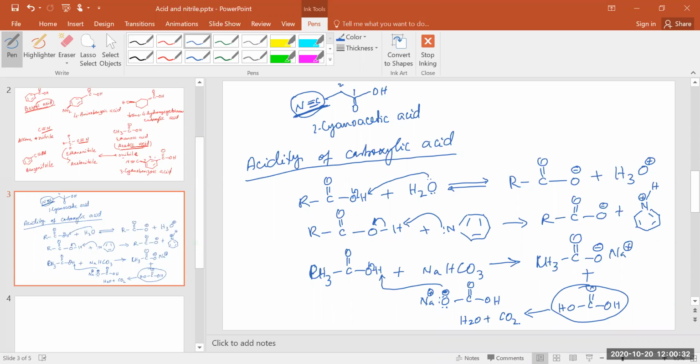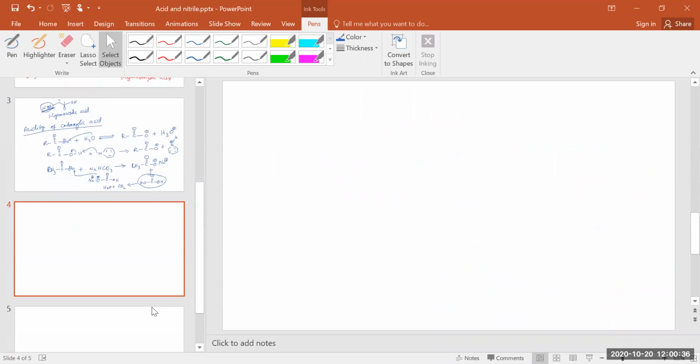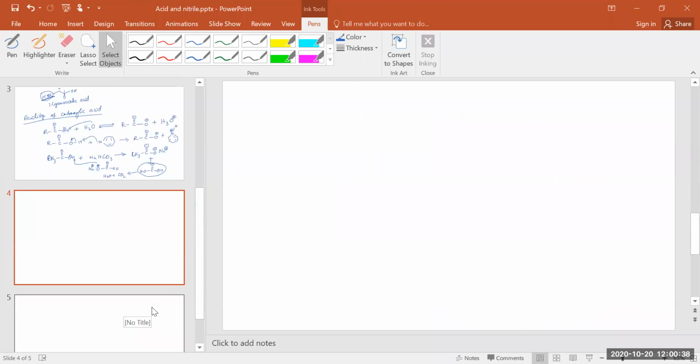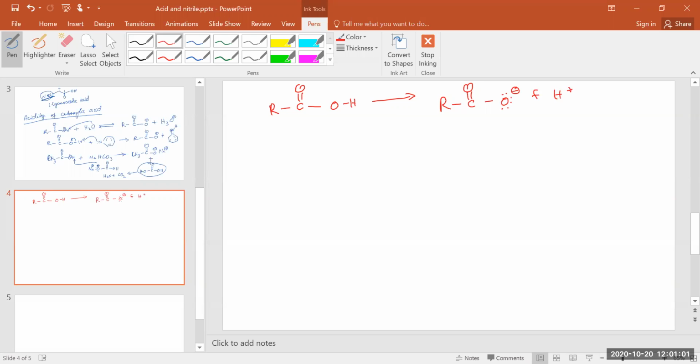So a few things you should remember here about acidity. When the R group is attached, it ionizes in a solvent like water, and it makes O minus as a conjugate base.